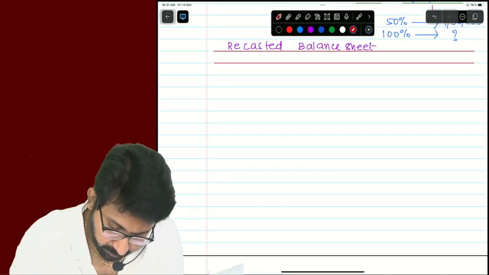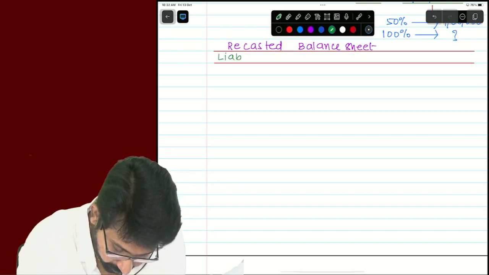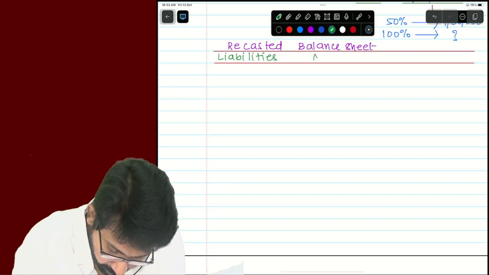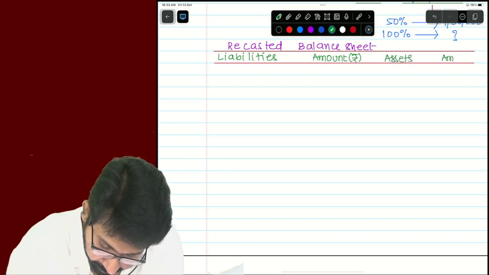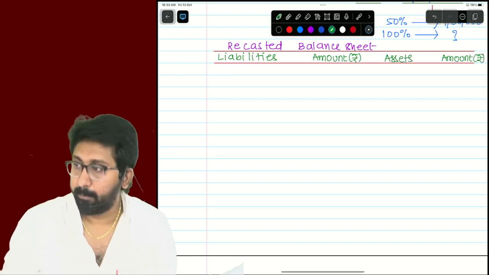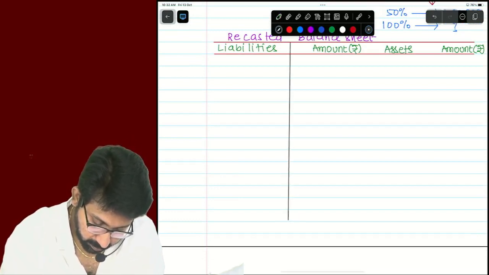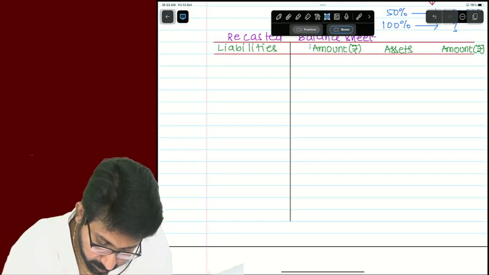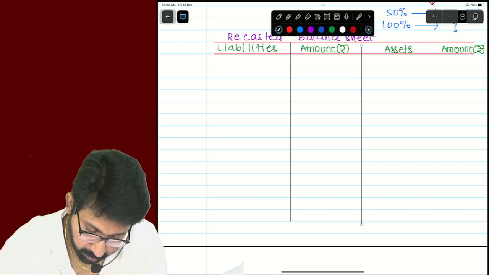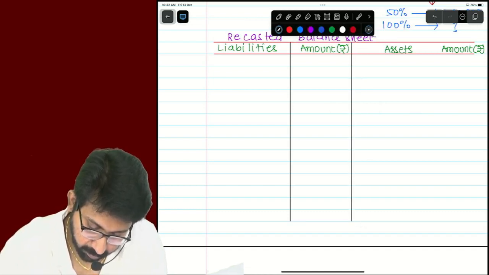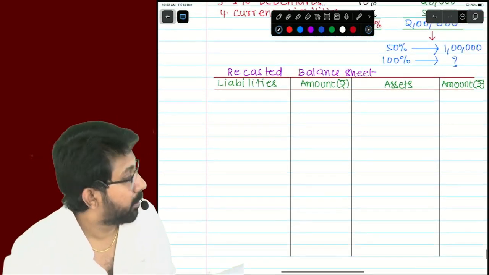Right now, I think everyone knows what will be there in the balance sheet. Write down the pro forma of the balance sheet properly.